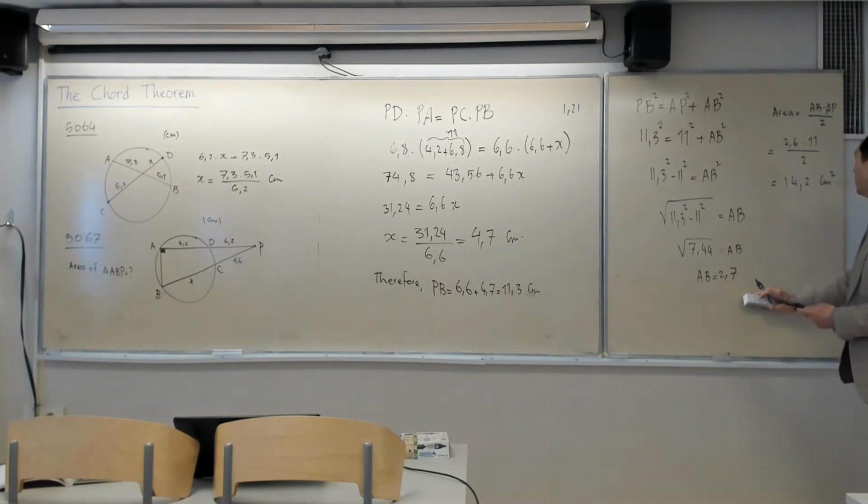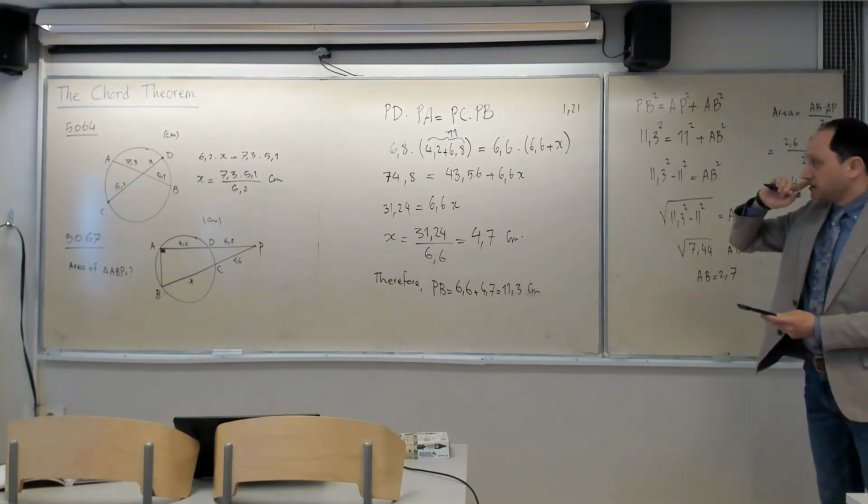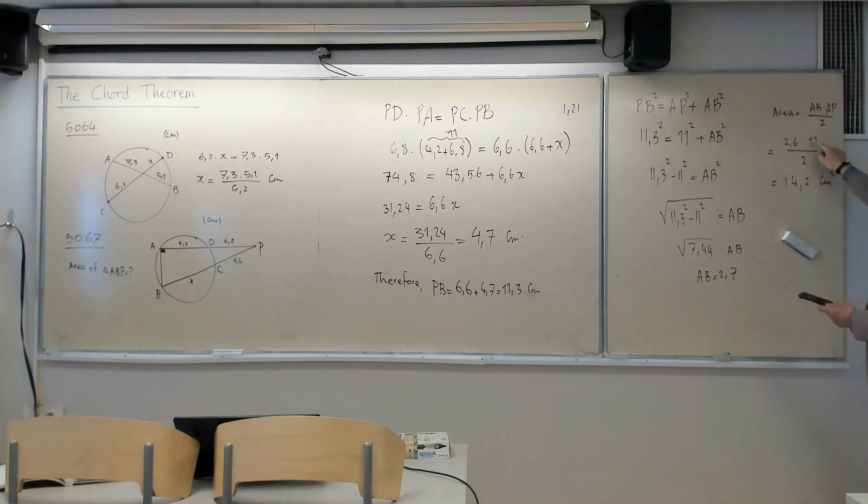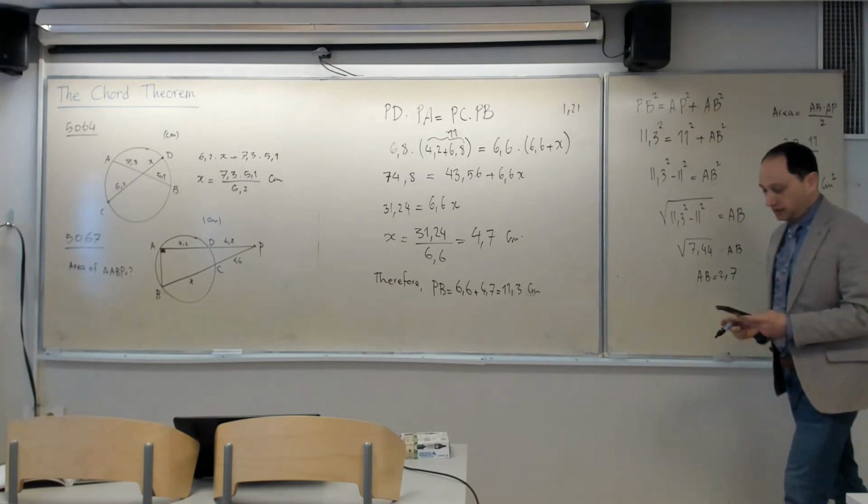And then I go for the area here. PA is 11. I multiplied by 2.7 here, and I divided by 2. Yes, so that was important. The answer becomes this. So then, this I take away. That was my mistake. Okay, so now it's correct.